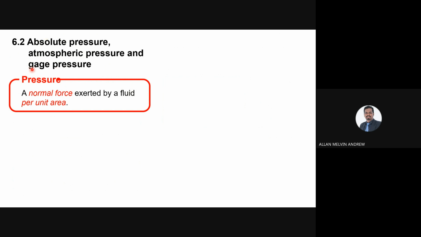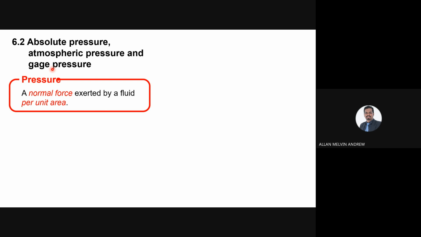And the gauge pressure is the pressure that we measure. Okay, gauge meaning is a device. In Malay we call it alat pengukur tekanan. So gauge pressure meaning the pressure.